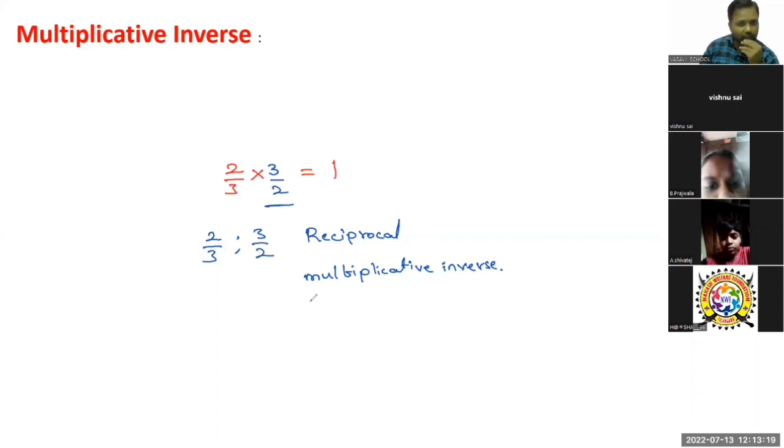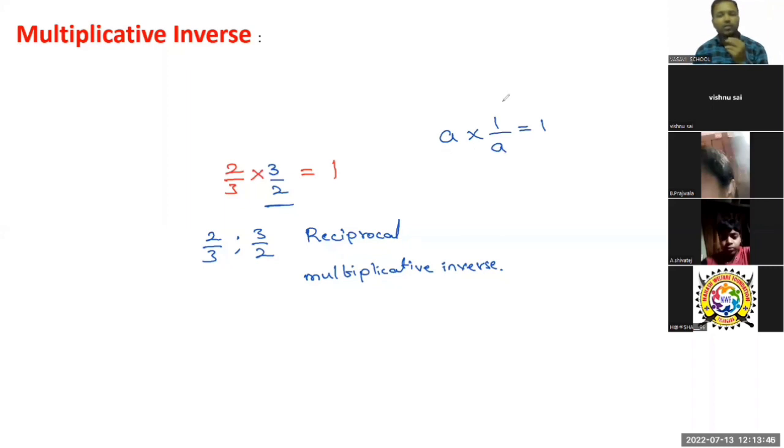If a is a rational number, then its reciprocal, or multiplicative inverse, is 1 by a. Then the product of the rational number and its reciprocal is 1. So this is what is known as multiplicative inverse.